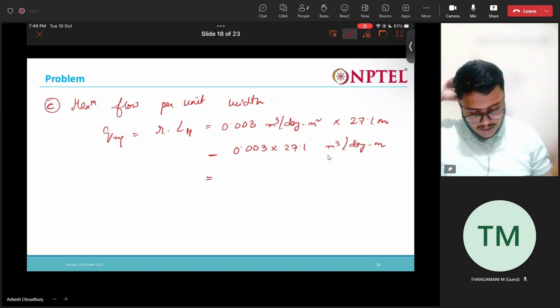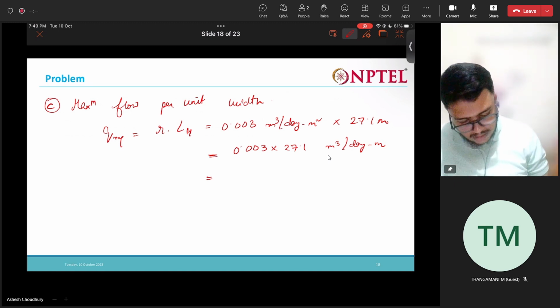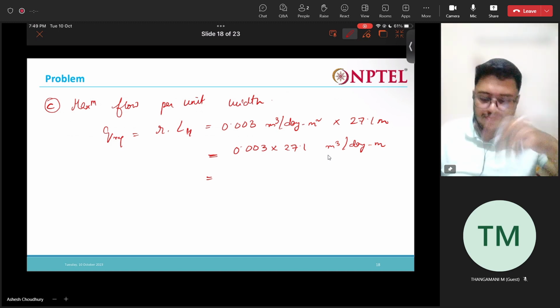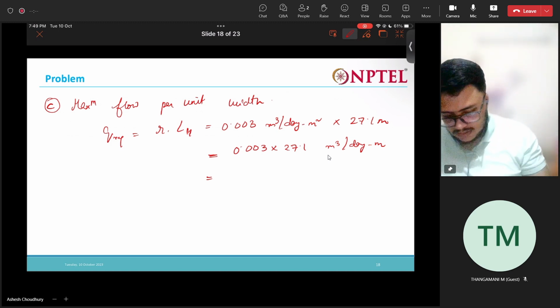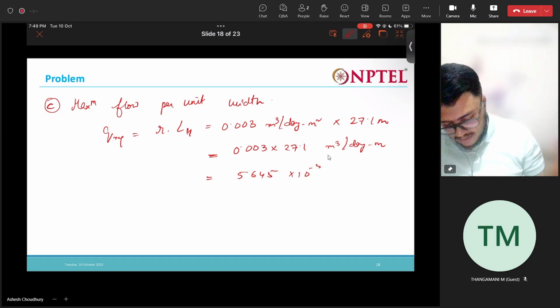Okay, per meter width. Now from day we will go to minute. So 24 hours, each hour 60 minutes. So finally it will be 5.645 times 10 to the power minus 5 meter cube per minute per meter.